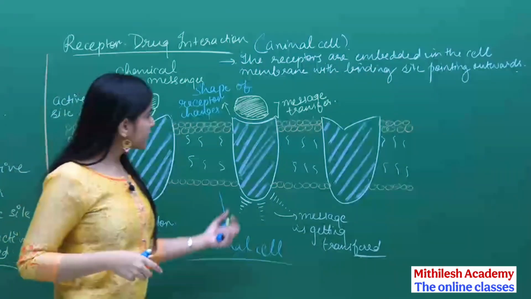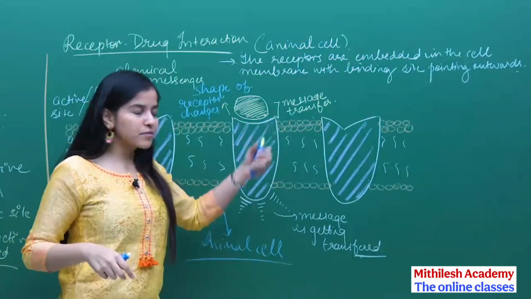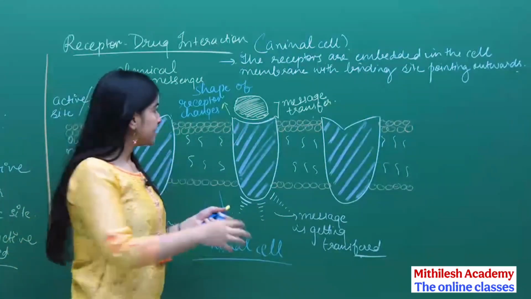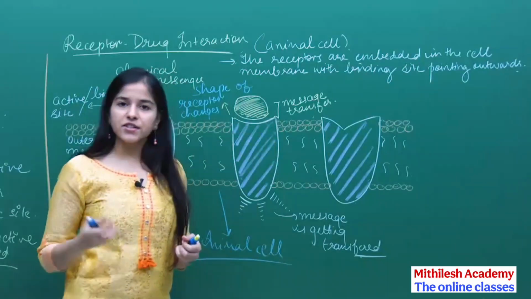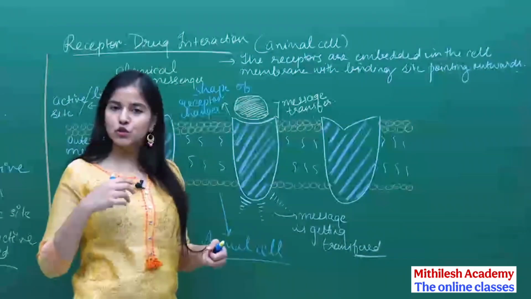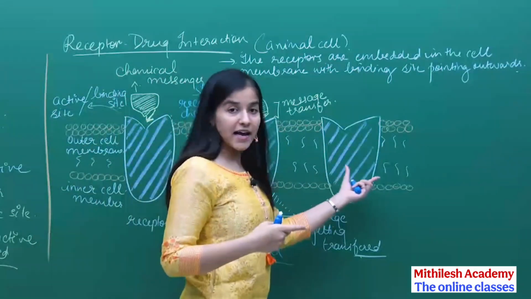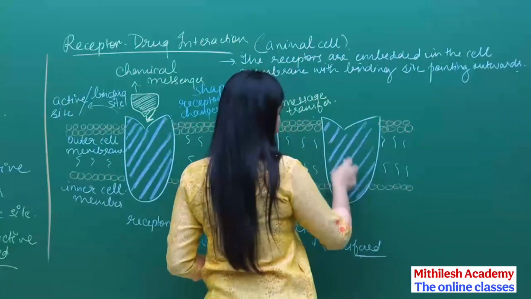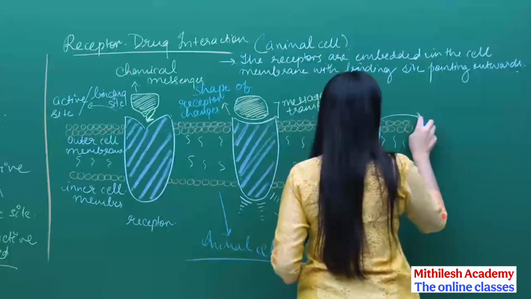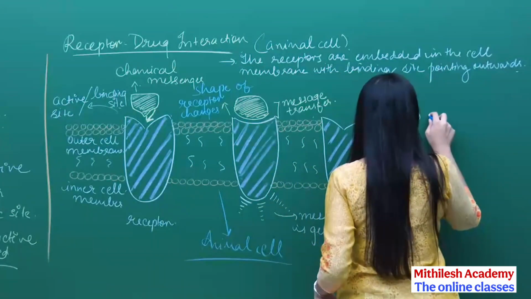Now what happens? Finally the chemical messenger, after transferring the message, gets detached. So finally it gets detached over here and the receptor then regains its shape.